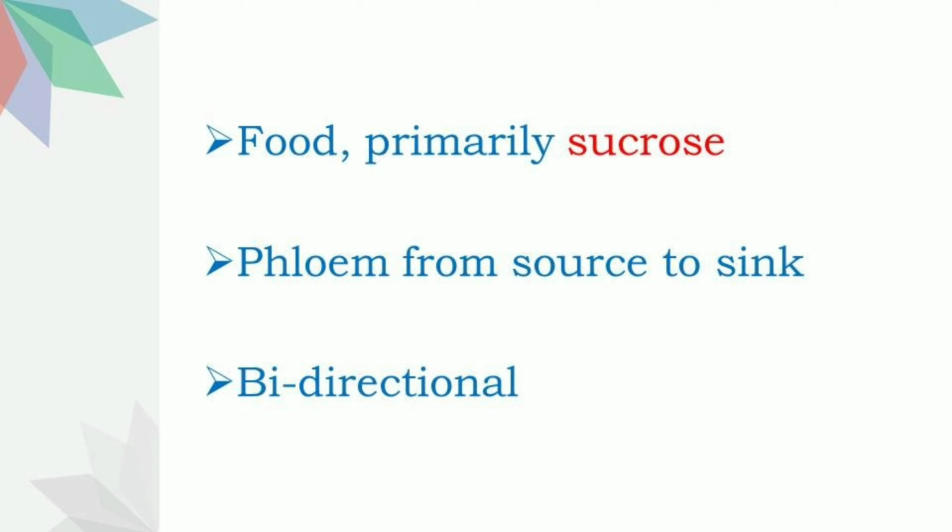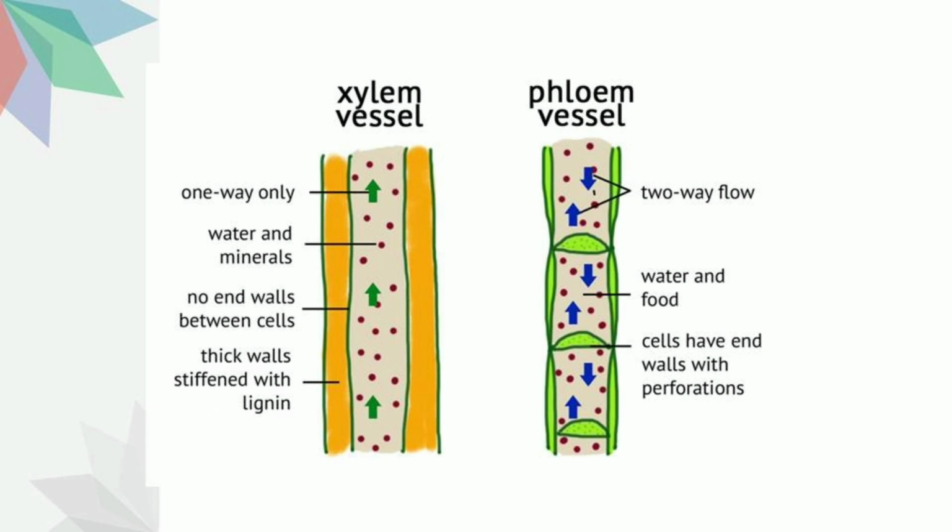Since the source and sink relationship is variable, the direction of the movement in phloem can be upwards or downwards, that is bidirectional. If you see in xylem, it is always unidirectional. But in the case of phloem, the movement is bidirectional, upwards or downwards.